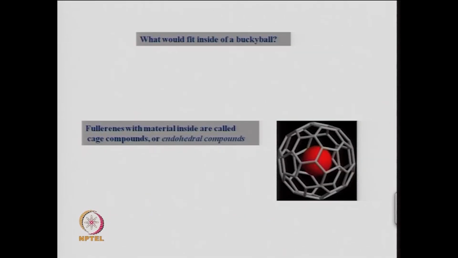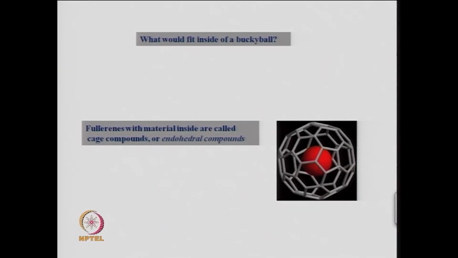Now, what would fit inside a buckyball or a C60 molecule? So, you see this is a C60 molecule, and if we want to put something inside that, that has to be smaller in size than this diameter of around 1 nanometer or 0.7 to 1 nanometer, depending on how you define the radius, the distances.